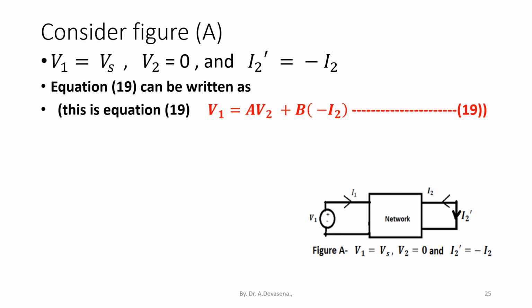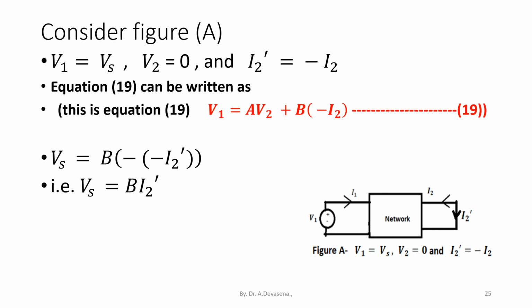We are going to substitute the above values. Therefore, Vs is equal to B into minus I2 dash, because the value of V1 is considered to be Vs and V2 is equal to 0. This is being substituted in equation 19. That is, Vs is equal to B I2 dash. Therefore, B is equal to Vs divided by I2 dash. Consider this as equation 21.